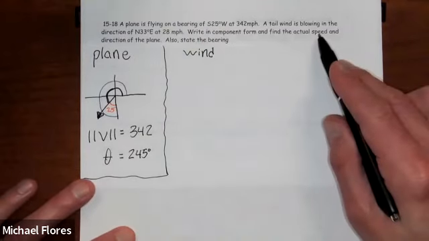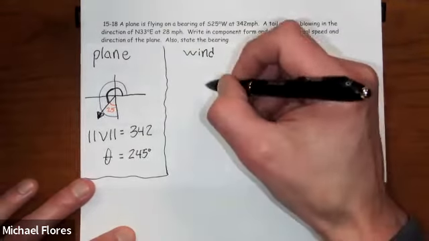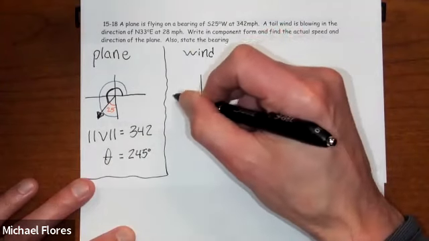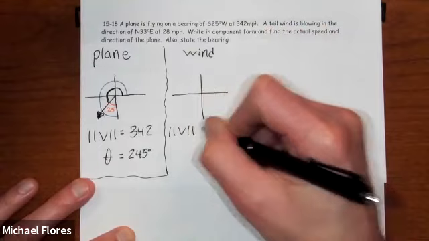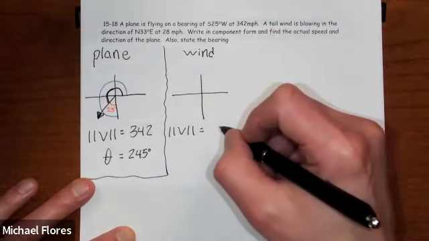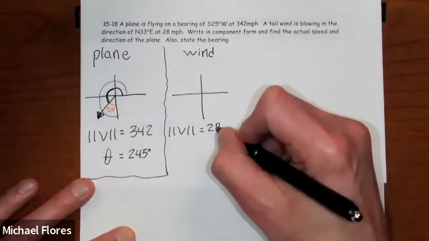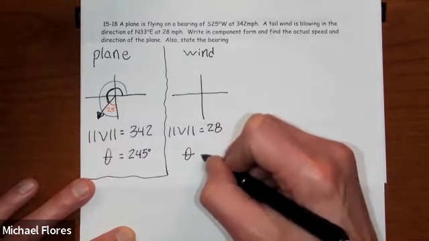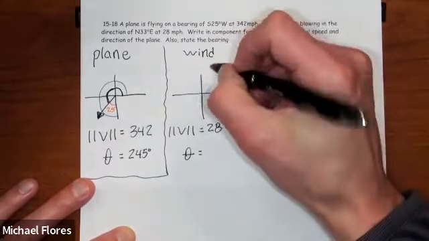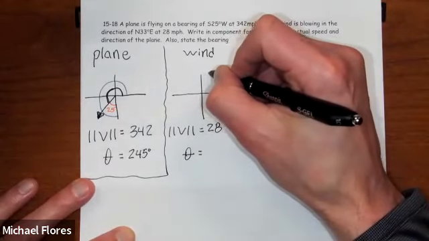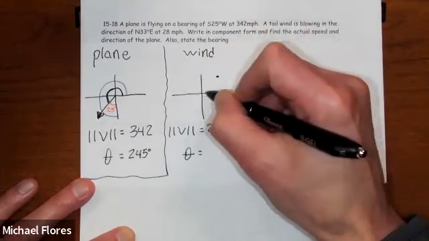Okay, a tailwind is blowing in the direction of north 33 degrees east, and it is blowing at 28 miles per hour. North 33 degrees east. So from the north, we'd rotate about 33 degrees towards the east.